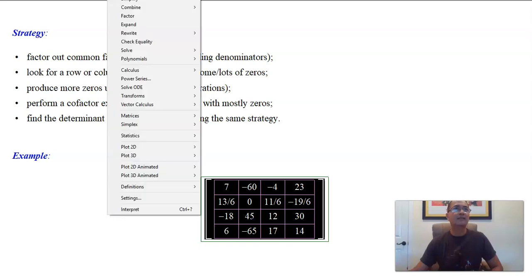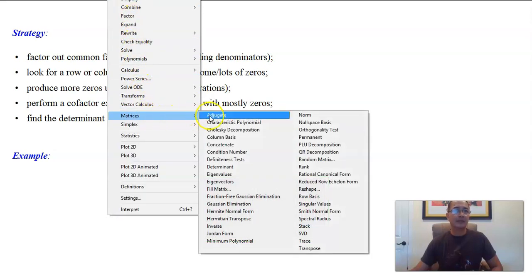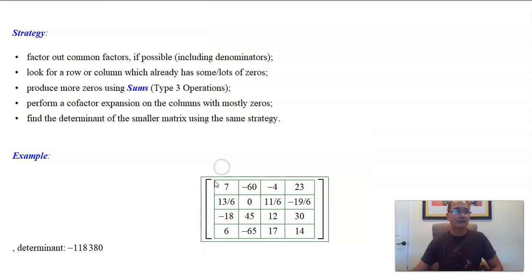It will do things like this: compute the matrix's determinant. Ooh, okay, a 6-digit number with a negative sign. Our goal is to get that number. Even though there's a 1/6 there, that is still going to give us an integer determinant.